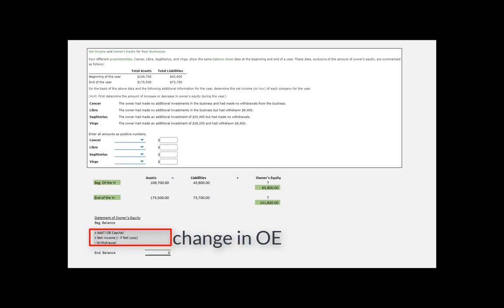Again, we have a beginning balance, and then we have a change in owner's equity from the 3 components of owner's equity. And then we have an ending balance of owner's equity. Beginning, add to it the change in owner's equity made up of capital, net income or loss, and withdrawal. And we have the ending balance of owner's equity.